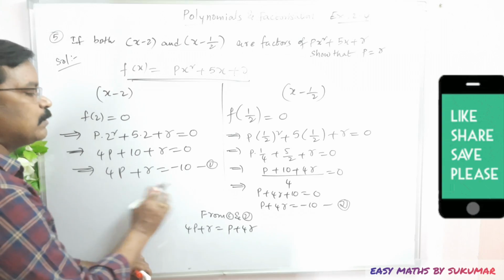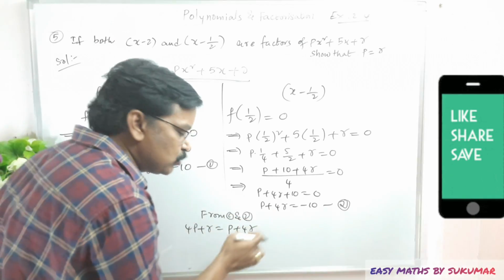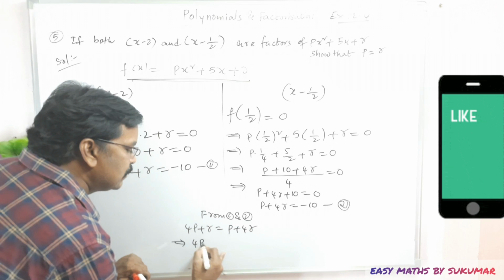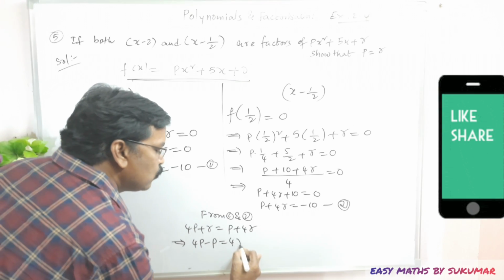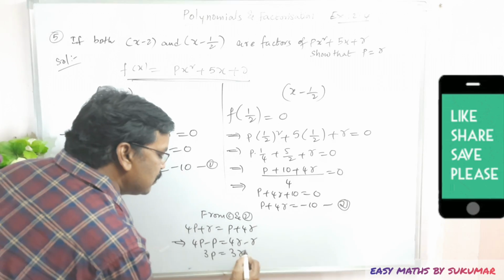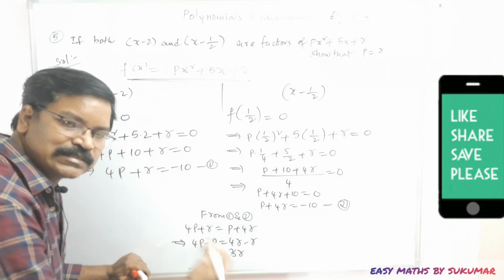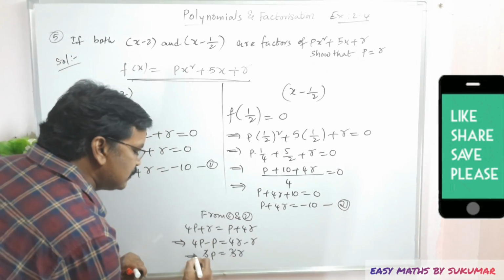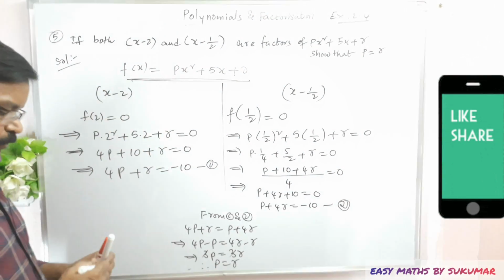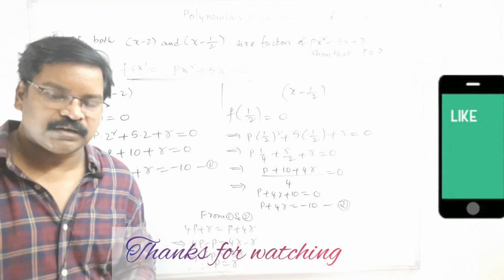That means 4p plus r should be equal to p plus 4r. Now collect the like terms here. That means 4p minus p is equal to 4r minus r. So 3p is equal to 3r. Cancel the 3 on both sides. That means p is equal to r. Please write down.